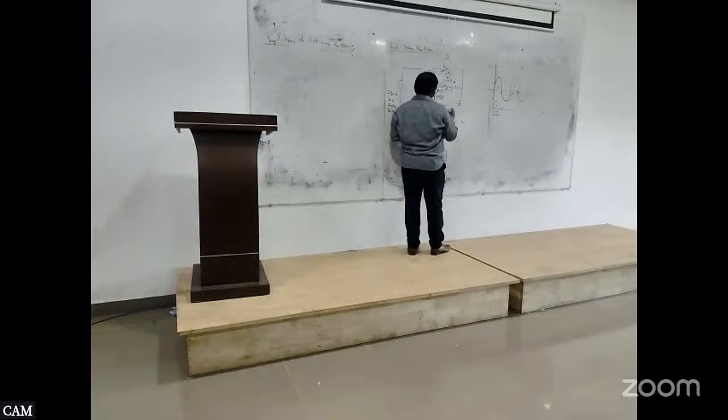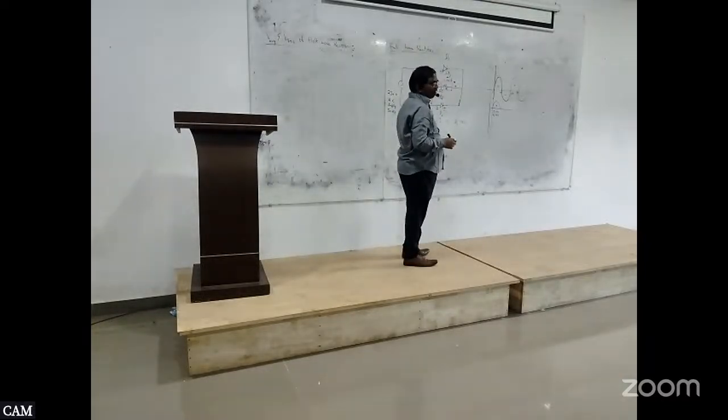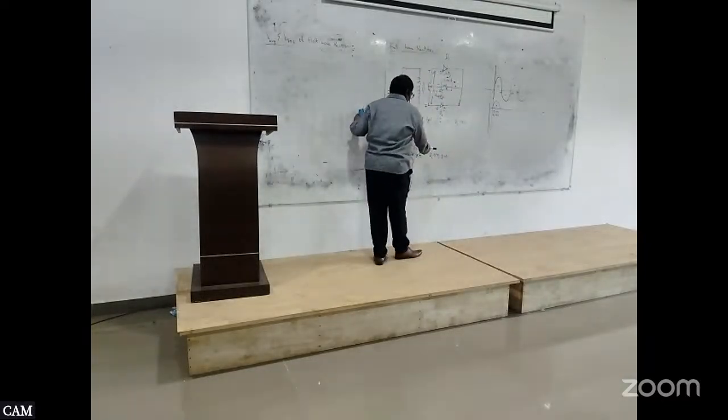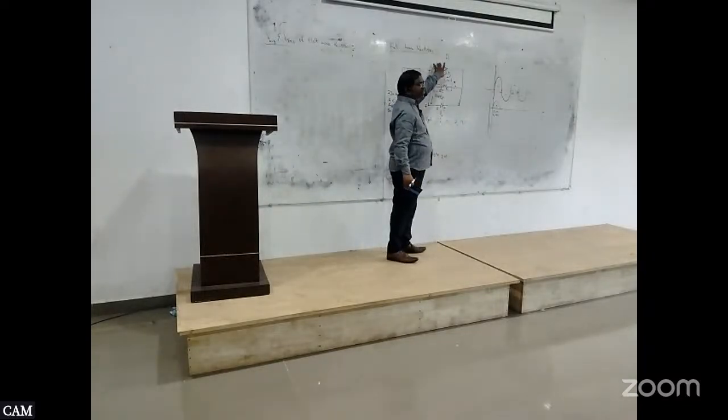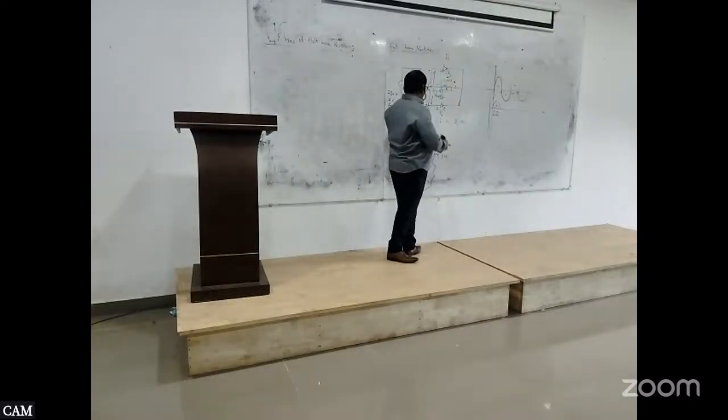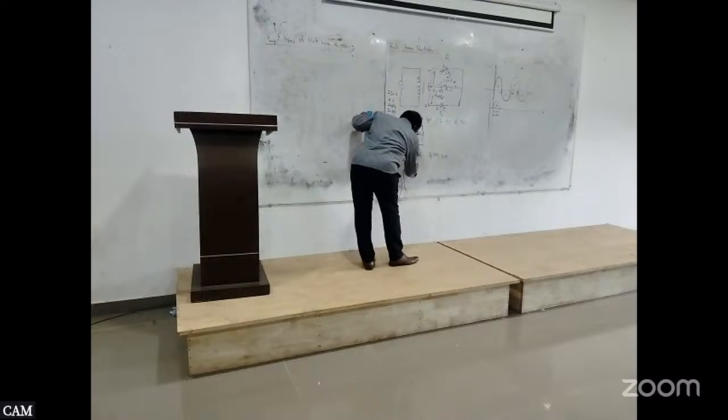During the negative half cycle, D1 is off, D2 is on. It means D1 is in reverse bias mode, D2 is in forward bias mode. So what happened? The circuit will be now.